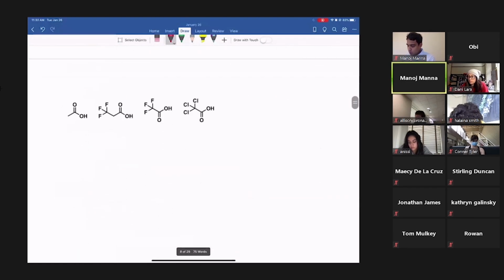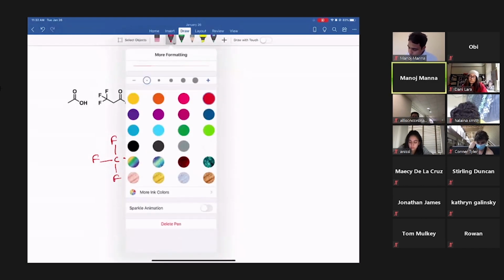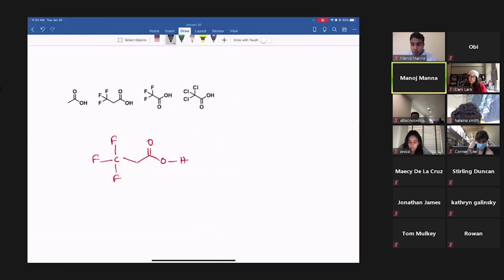Now someone asked me a question just now: what if you have more than one fluorine atom? So let's consider this one. You can see this particular structure: fluorine, carbon, fluorine, fluorine, double bond O, OH. In the previous example you had one fluorine here.